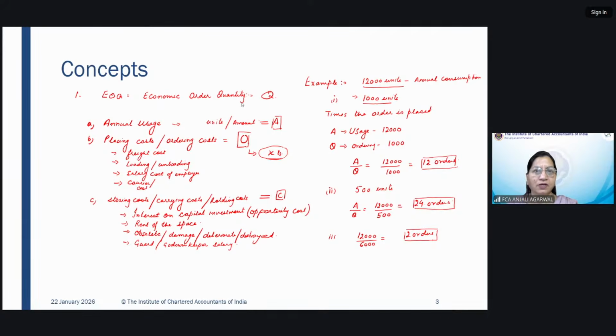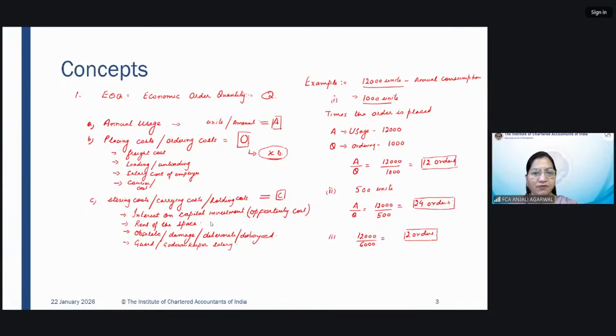So economic order quantity, EOQ, is based on annual usage, in units or amount, and placing cost, O, which is the cost every time you place an order, including freight costs, loading, unloading, and maybe some toll taxes, duties, etc. And storage cost is majorly interest on capital.